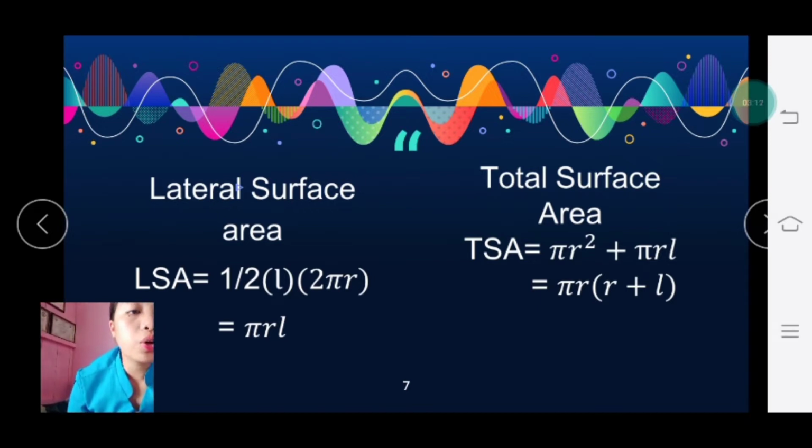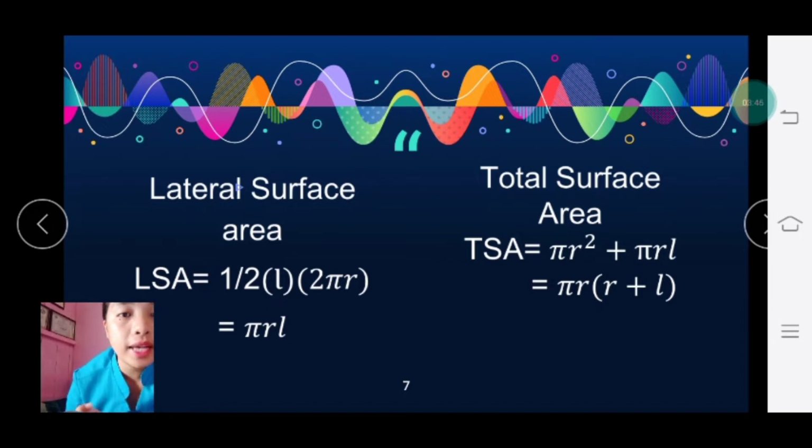Next, the total surface area is equal to pi r squared plus pi RL. Okay. So, unsa nang pi r squared, ma'am? As what I have said earlier, ang base sa cone is circle. Then ang formula sa area sa circle is pi r squared.